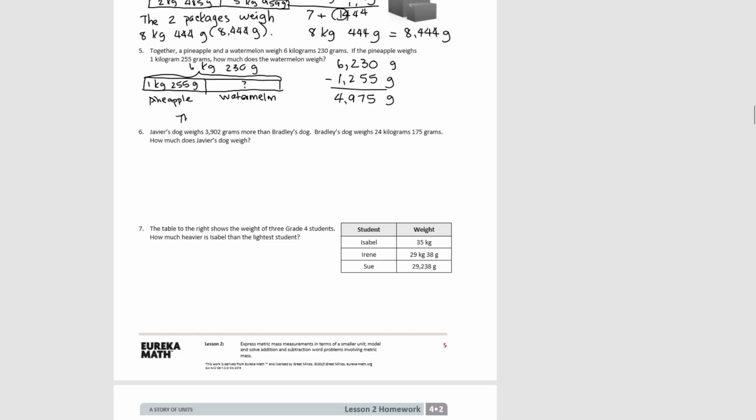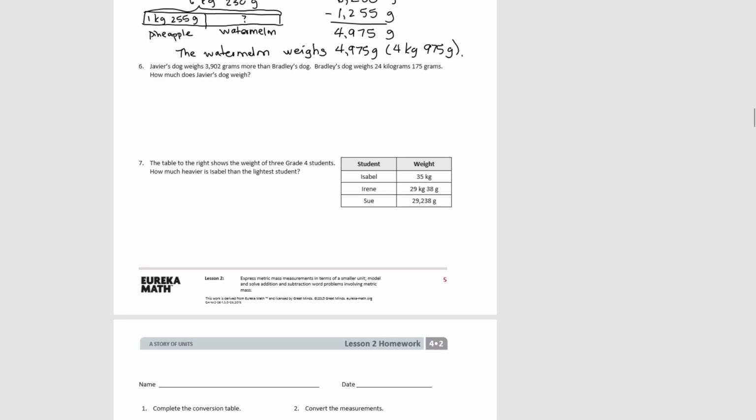So the watermelon weighs 4,975 grams, which is 4 kilograms, 975 grams. Okay, pause the video and try number 6.